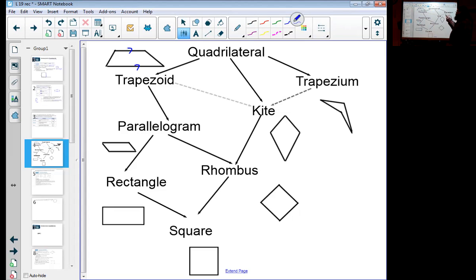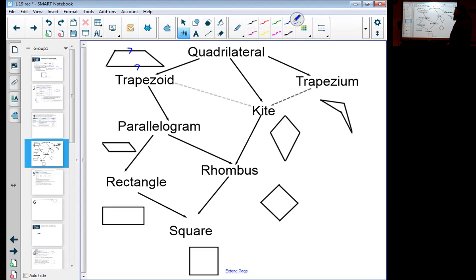Now I have a darker gray arrow going from trapezium to kite because most of the time when you call something a kite, it is not going to be any lower on this graph than that.